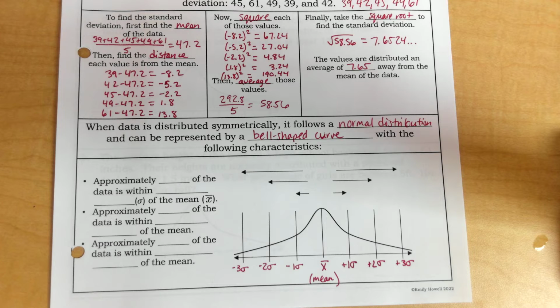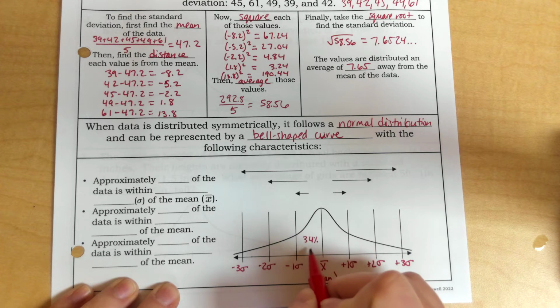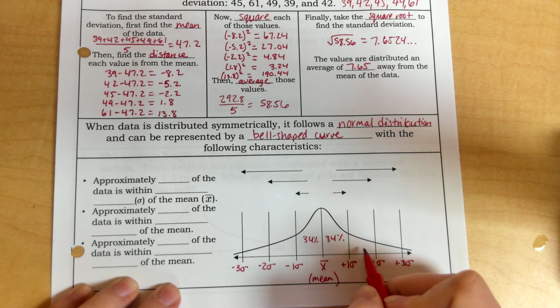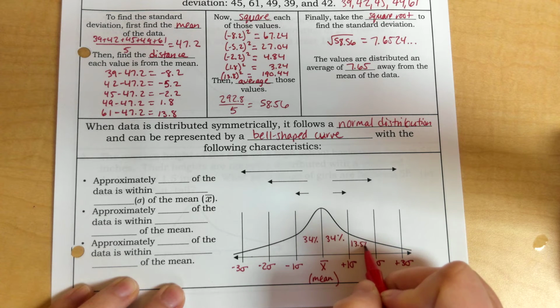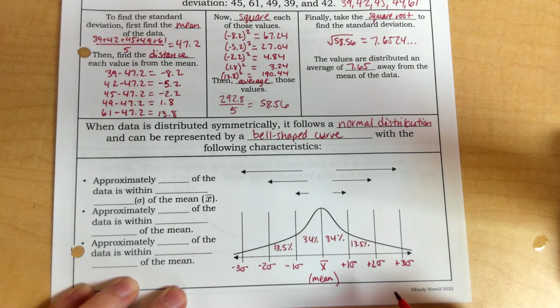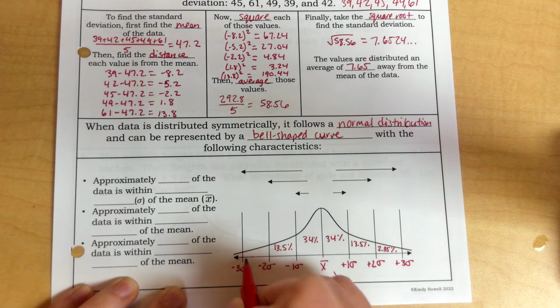Okay. And so this breaks up the data rather evenly. So this is 34% of the data in just this one little section. This is also 34% of the data. Then this smaller section here is 13.5%. This one is also 13.5%. This little section over here is 2.35%. And over here is also 2.35%.